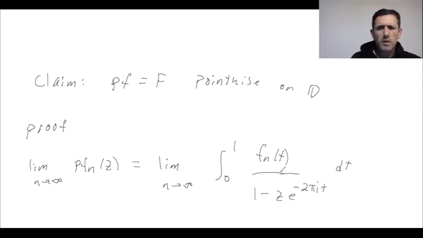Okay, well, so maybe it's a little easier to do this here, actually. Pf_n(z) minus Pf(z).